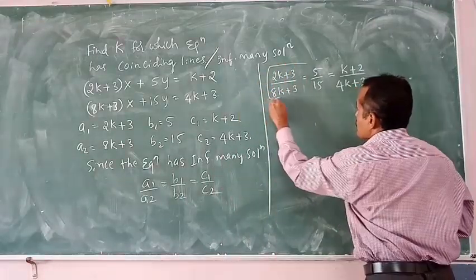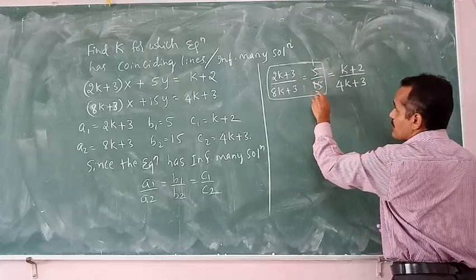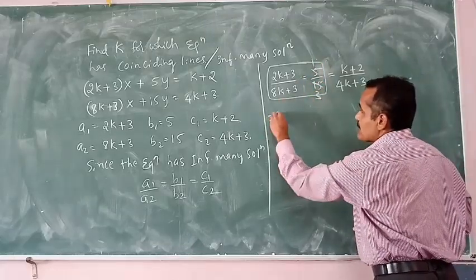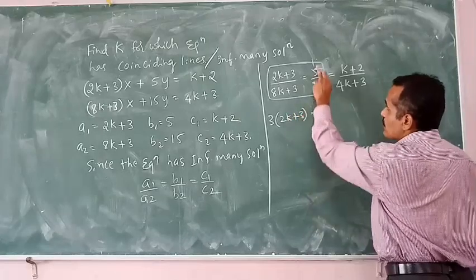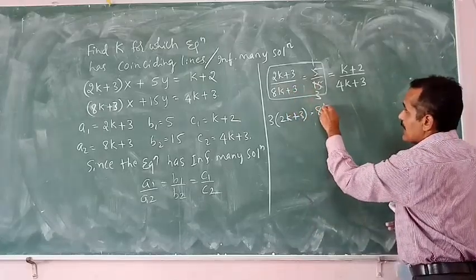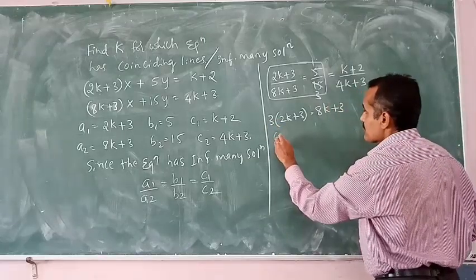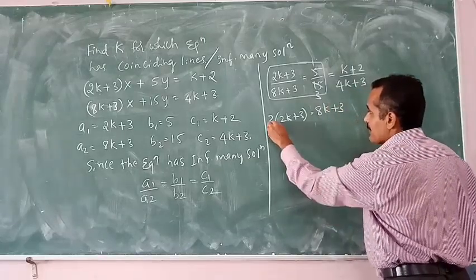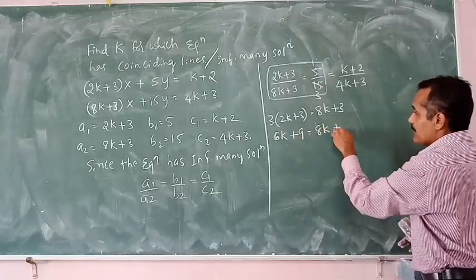Let me take these two. I can simplify: 1s are 1, 3s are 3. Cross multiply. It is 3 into (2k plus 3) is equal to 1 into this, 8k plus 3. It is 6k plus 9 is equal to 8k plus 3.